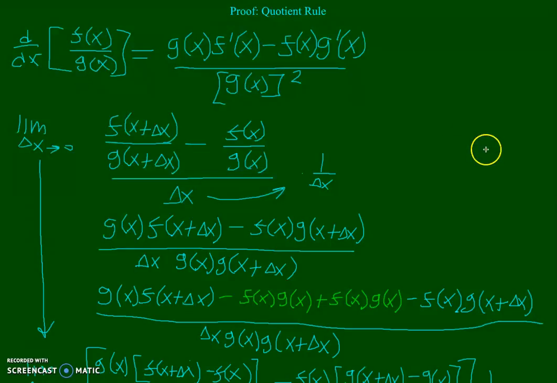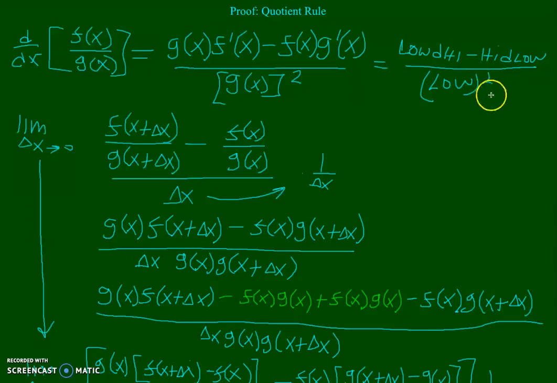You can say, just as a silly little limerick, equals low d high minus high d low over low squared.